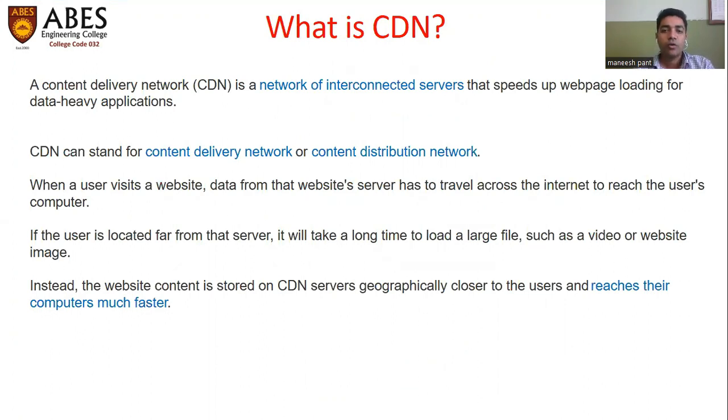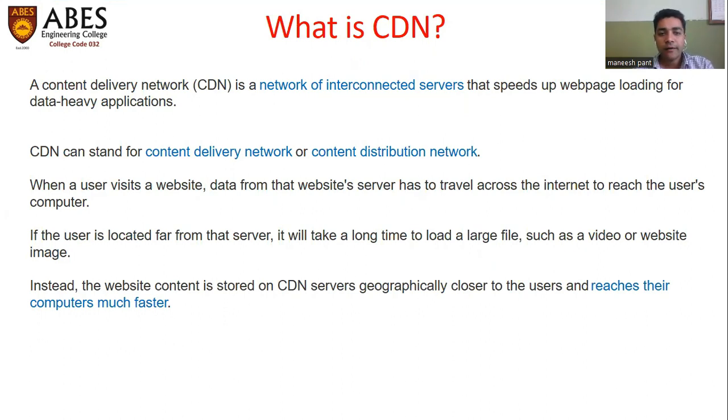on which your website's data is present. Now, when the user is going to interact with your dynamic website, if the user has to connect to the main server every time a user requests some data, the latency is going to be very high.